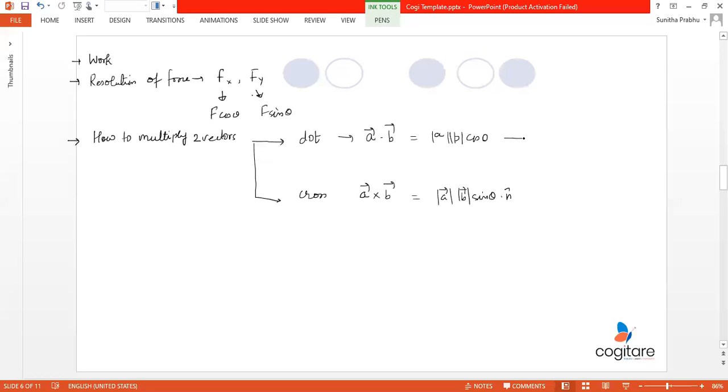Dot product will always result in something which is a scalar, like work. Cross product will always result in something that is a vector, like torque. Is this what we have discussed so far?